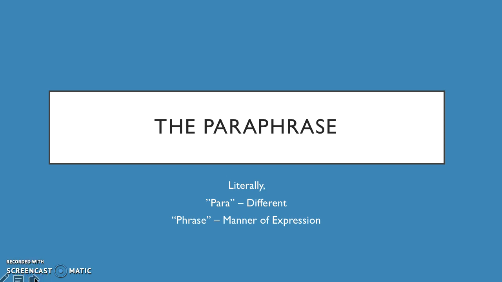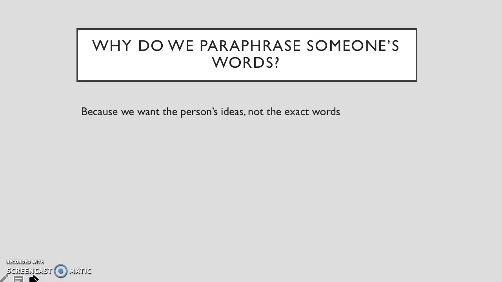And let's go. Why do we paraphrase somebody else's words? Why on earth would we do it? Because we want the person's ideas and not the exact words. If it's important to have the person's exact words, maybe they express it in a way that's perfect, then you use a quotation with quotation marks, a direct quotation.